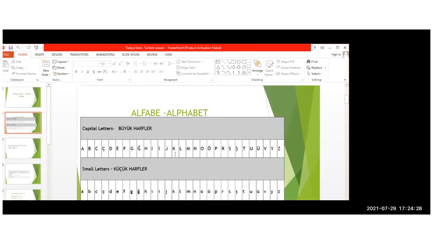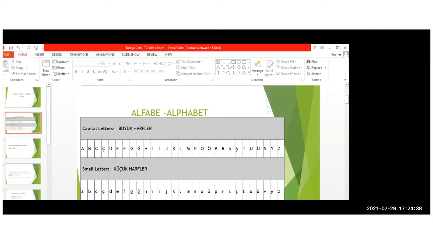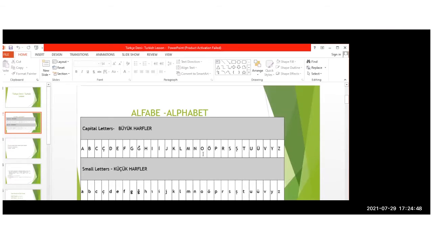And in a few cases it is pronounced as K. When we go to learn words, we will have more clarity on it. Le, Me, Ne. This is O. This is different.